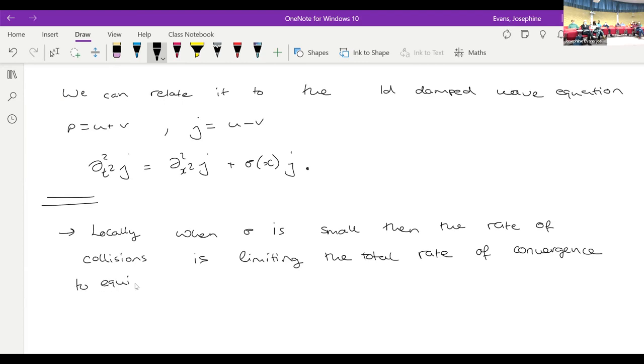So, saying this locally is a bit woolly, but when sigma is small, you are not colliding very much, so you're not diffusing at all, you're not converging to equilibrium.